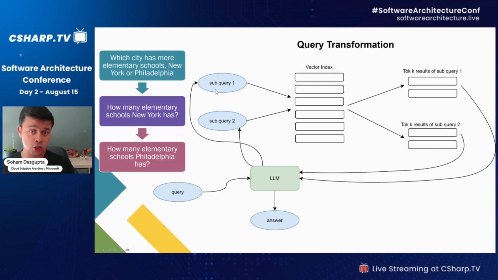It will do a search on both and get results back and send both results back to the LLM to generate an answer. So query transformation basically gives the LLM a way to minimize hallucination or make retrieval much better. So you are doing an efficient query here and also efficient reasoning in the LLM part.